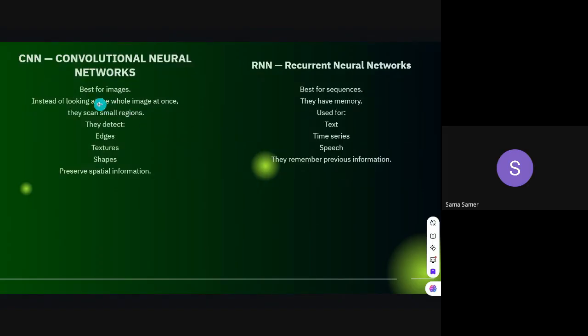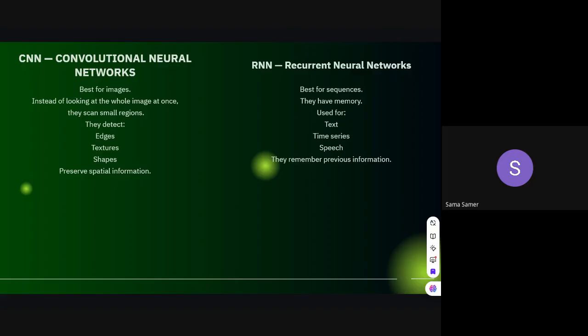Okay. Then we have two main things inside our neural networks. The first is the convolutional neural network. A convolutional neural network is usually used for images. Instead of looking at a whole image at once, it scans a small region of the image.